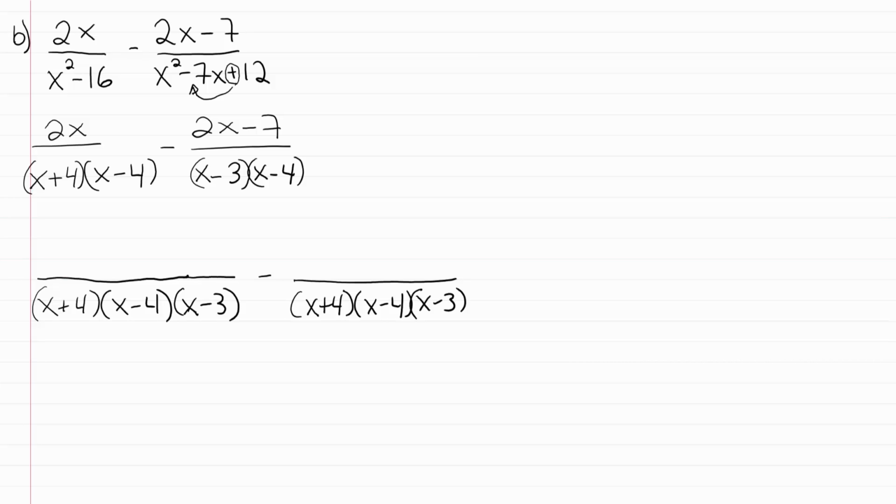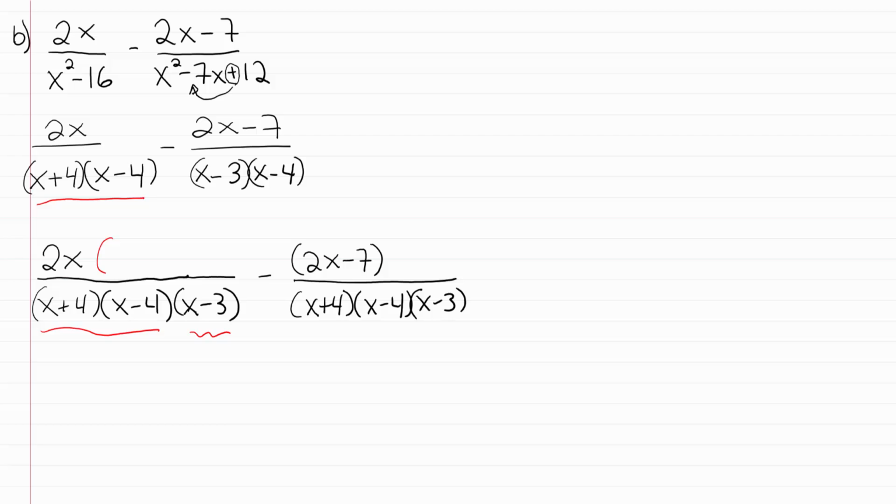Okay, from here, we're just going to observe what's alike and what's different from each denominator. Let's start by putting the numerators down as they started. So 2x for the first fraction, and we have 2x minus 7 for the second fraction. But now we notice that x plus 4, x minus 4 is here in the denominator, so the new piece is x minus 3.